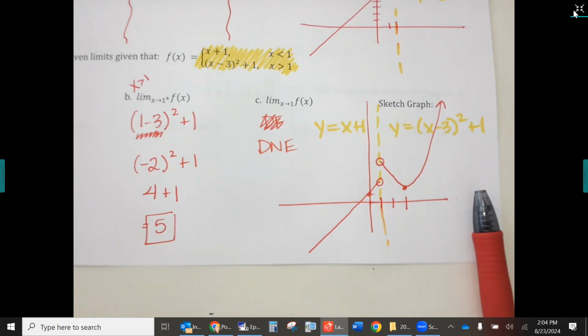Okay, so if this is the break, which it is, we're going to go from one side to the other. We don't plug in where this is the break.